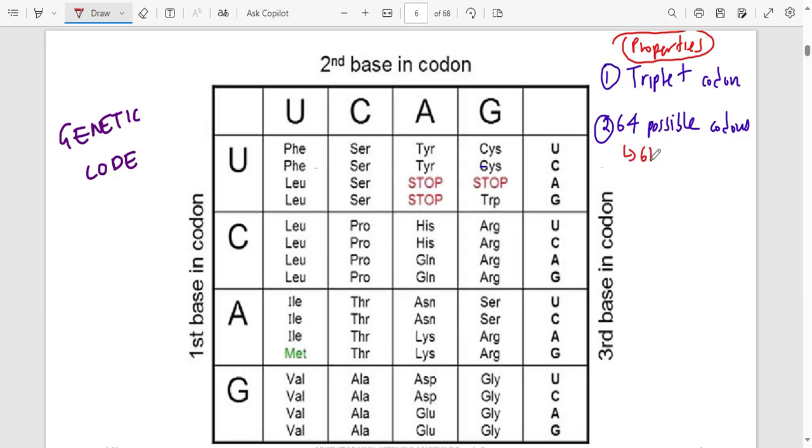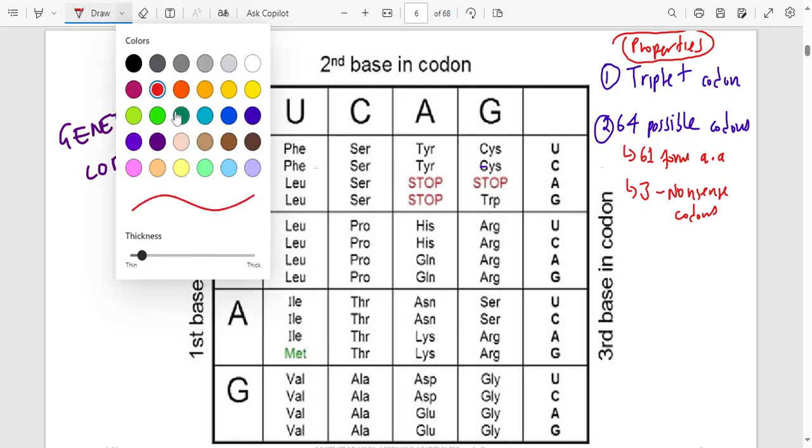Someone would ask, how about the other 3? Three are known as the nonsense codons. What's the meaning of that? These are nonsense because they can't form any amino acid.